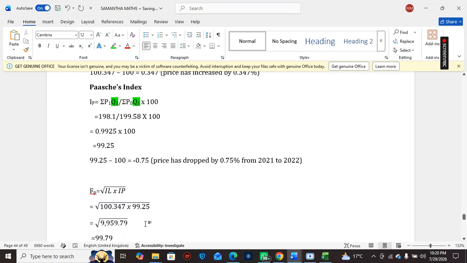When you multiply these, 100.347 multiplied by 99.25, yes, we get 9,959.439.